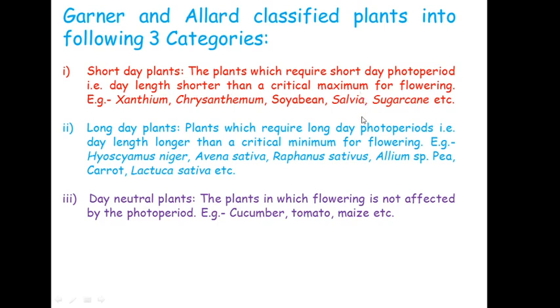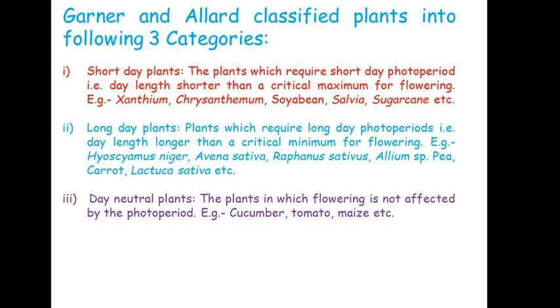Okay, means there is a limit. If you give the plant a shorter photoperiod than that limit, than that capping, or than that critical maximum, then only that plant will flower. So the definition of short day photoperiod is that the photoperiod is lesser or shorter than certain critical maximum value.